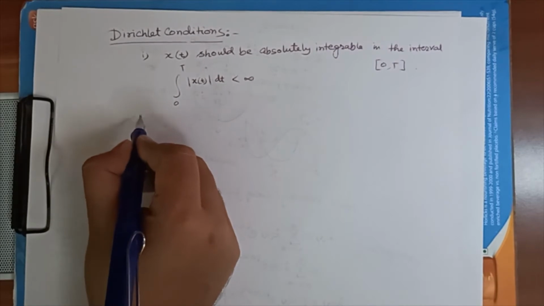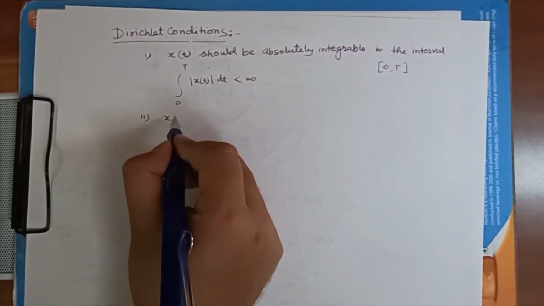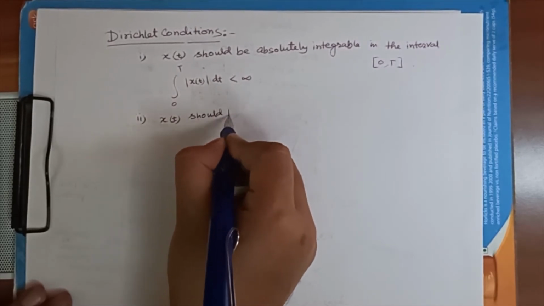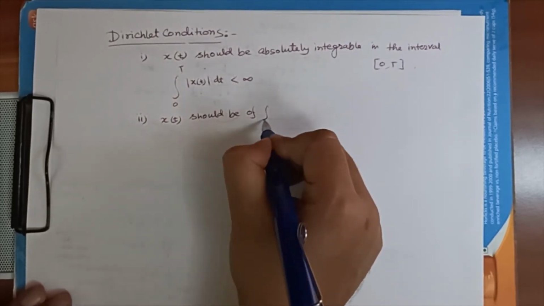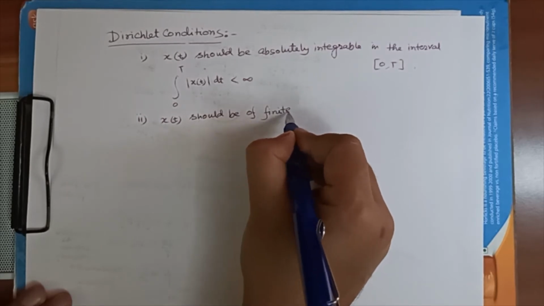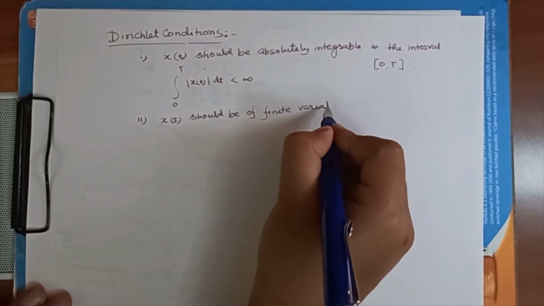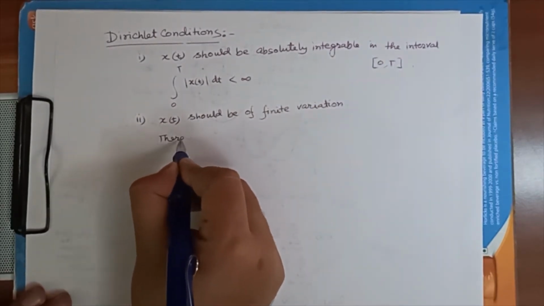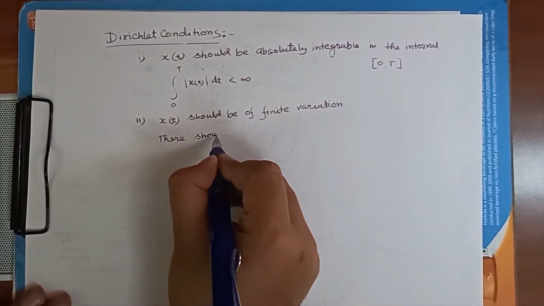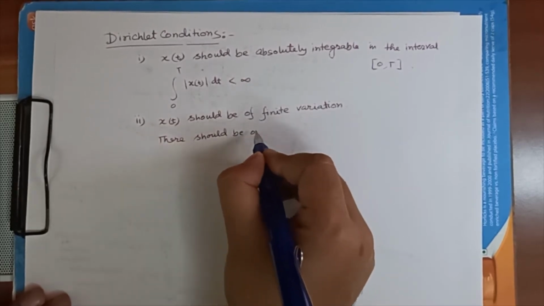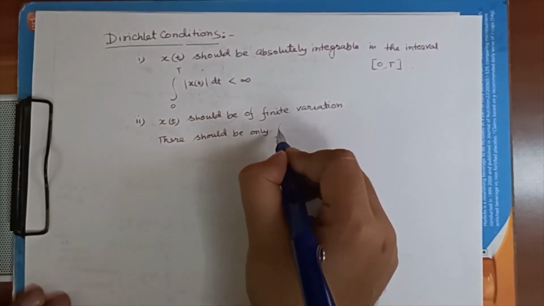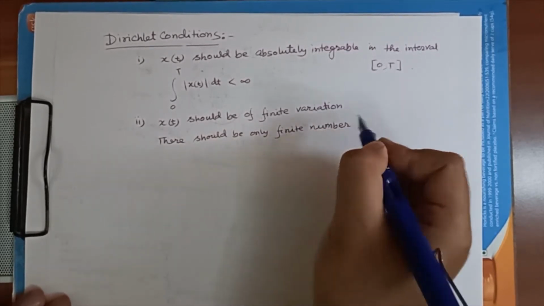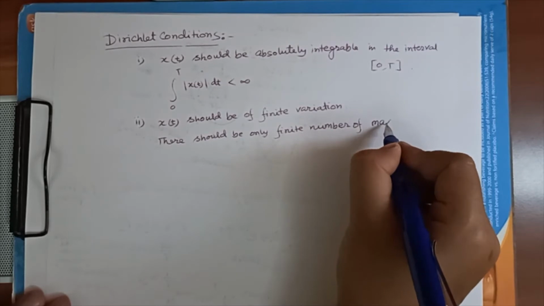This is the first condition. The second condition is that x(t) should be of finite variation. That means there should be only a finite number of maxima and minima.